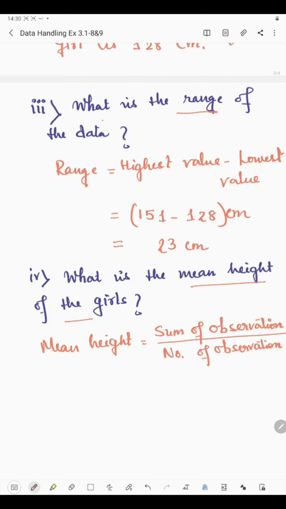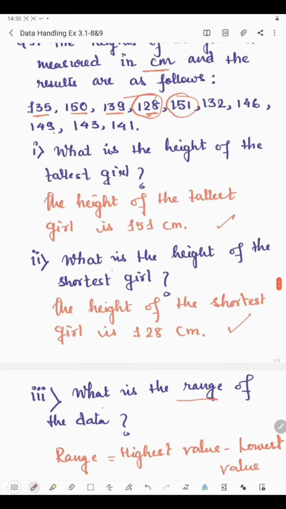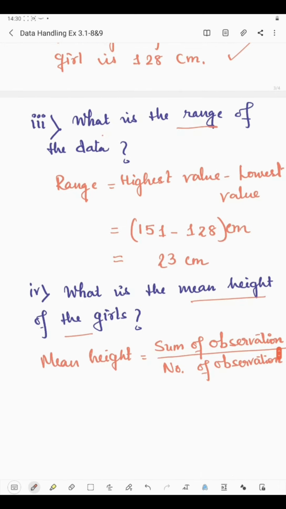Sum of observations means whatever data is given to us, you just find the sum of all of it and divide it by the number of observations. Whatever the number of data, just count the number of data to get the number of observations.